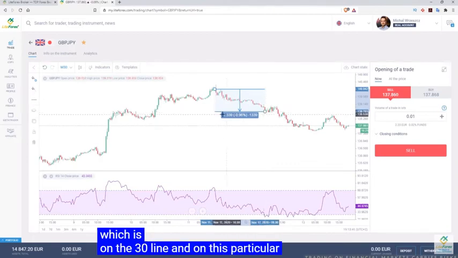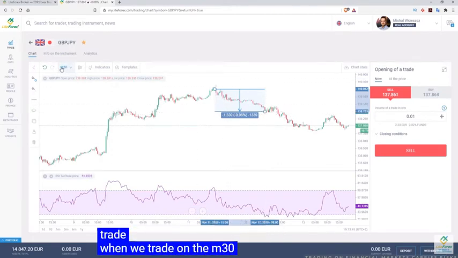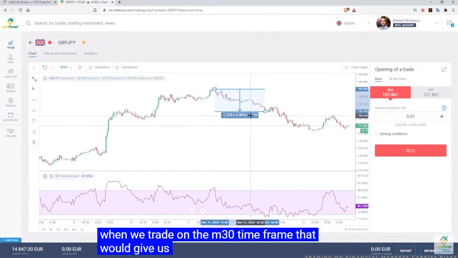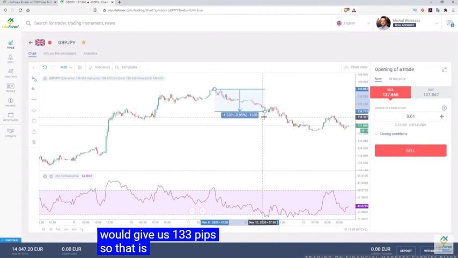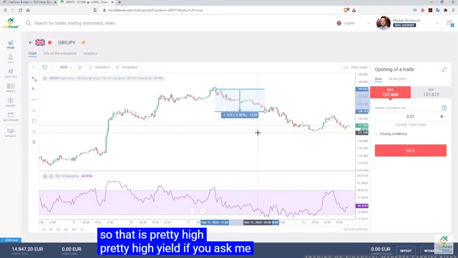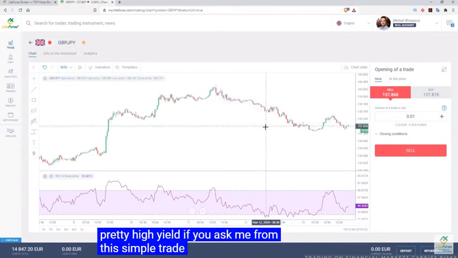And on this particular trade, when we trade on the M30 time frame, that would give us 133 pips. So that is pretty high yield, if you ask me, from this simple trade.